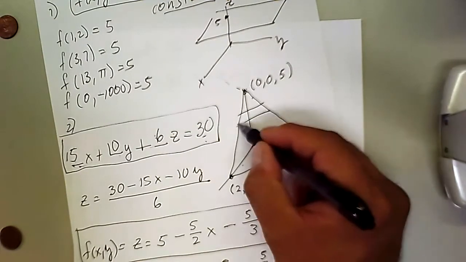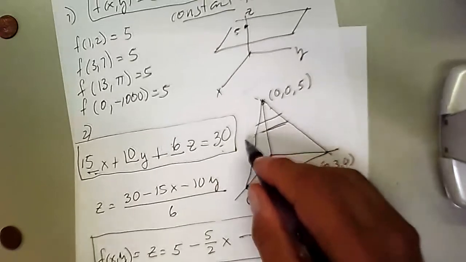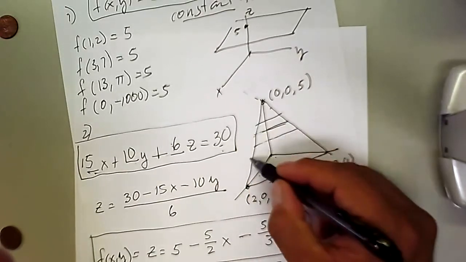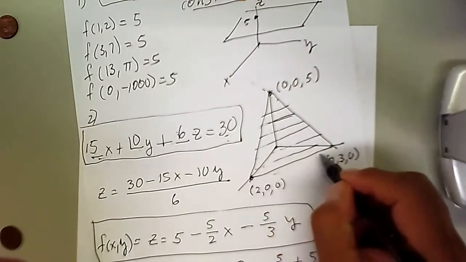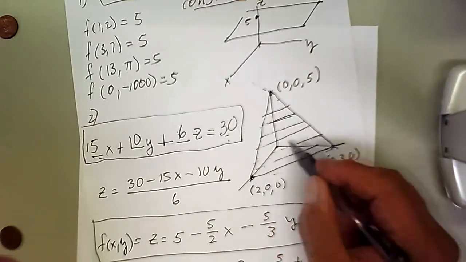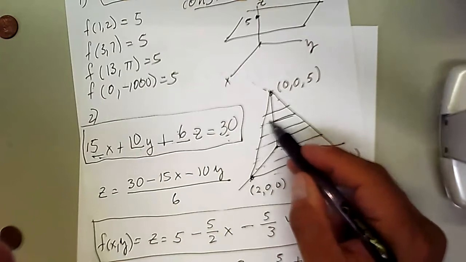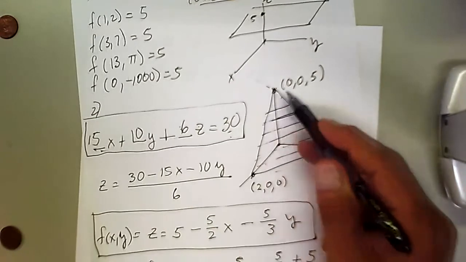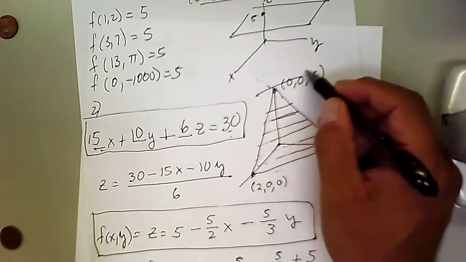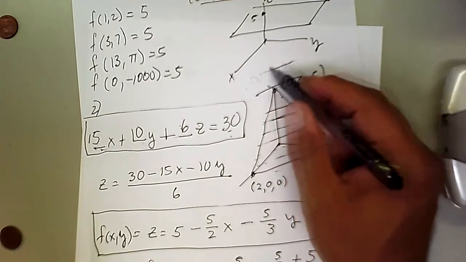Notice that all of these points are going to be about the same height. For instance, this is 0. This may be 1, 2, maybe 3, 4, and then 5 will be here. But actually, the plane keeps going, and then maybe 6 and so forth.